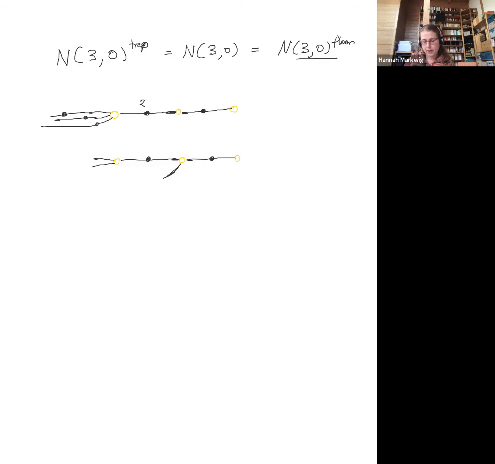And now we can see that we have choices how to complete this picture because we have 3 points to meet here. And we can choose who meets what point. So this guy could meet the 3rd point. Or I have to draw the other options also. Or this guy could meet the 2nd point.